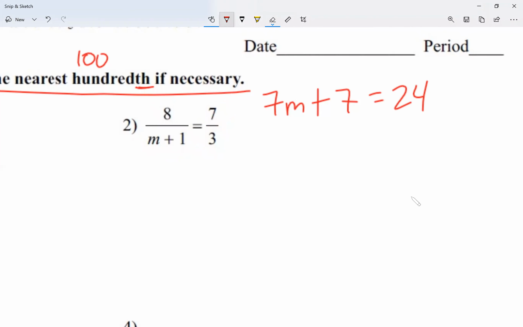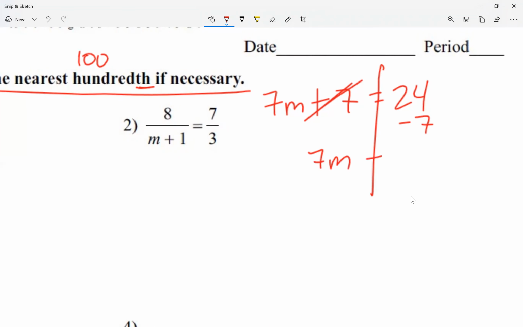No more fractions. I want the 7m by itself. So this plus 7, let me move it to the other side as a minus 7. Let me separate it through the equal sign. When I said one side or the other side, basically there's a separation through the equal sign. So on the left side, I have 7m. On the right side, 24 minus 7, that's 17.